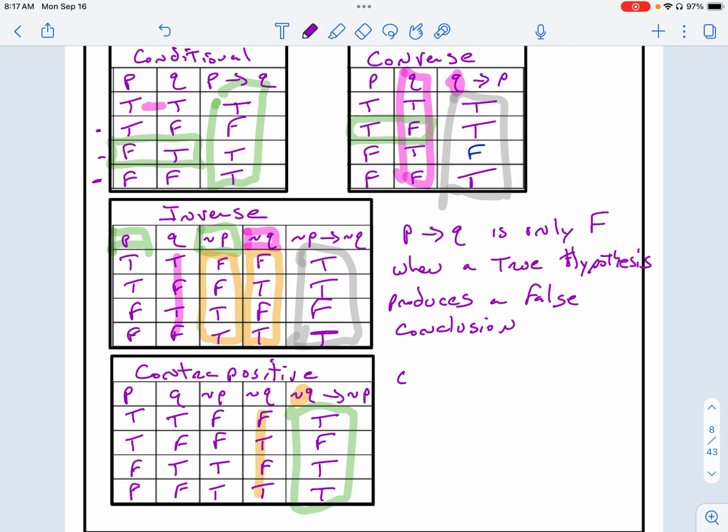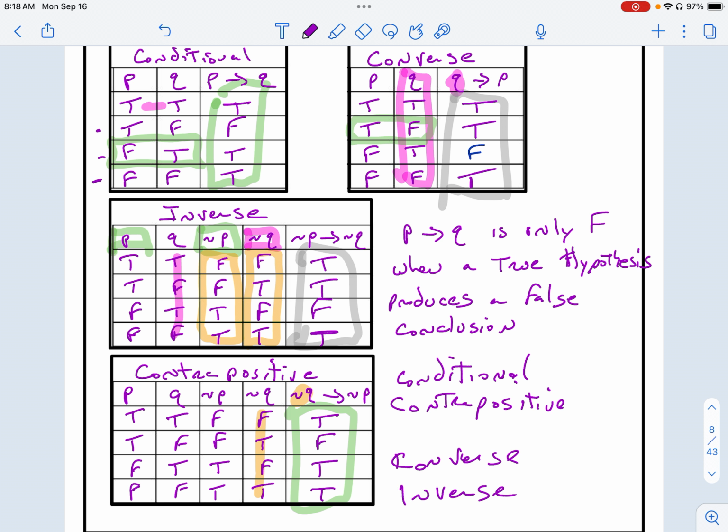So conditional and contrapositive, and converse and inverse, these are our two sets of equivalent statements.